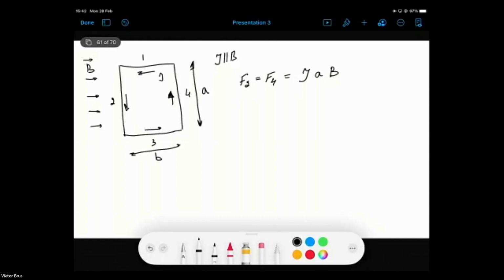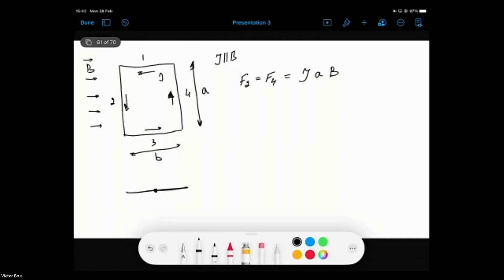So now, if we take a look at this from the bottom, this is conductor 3.